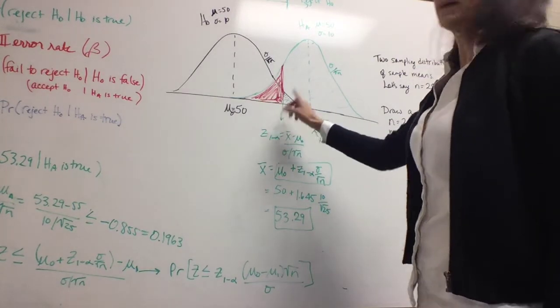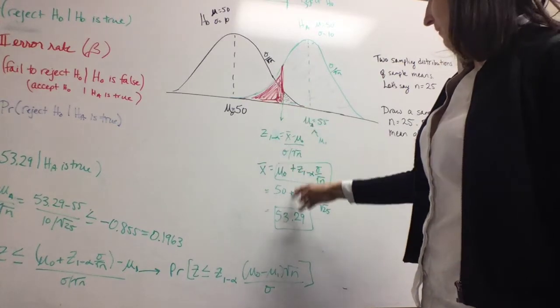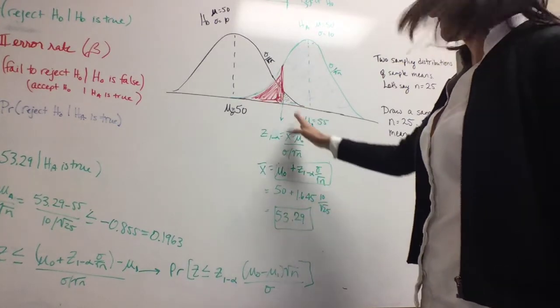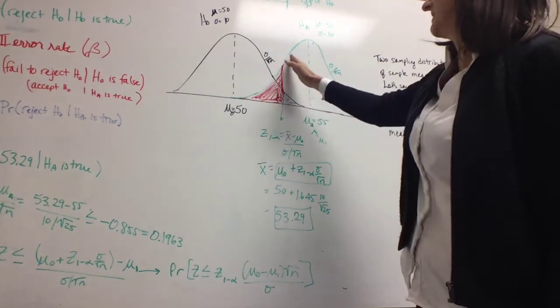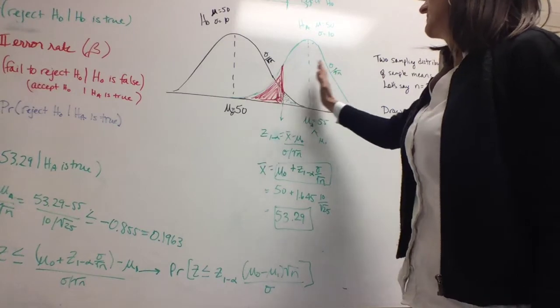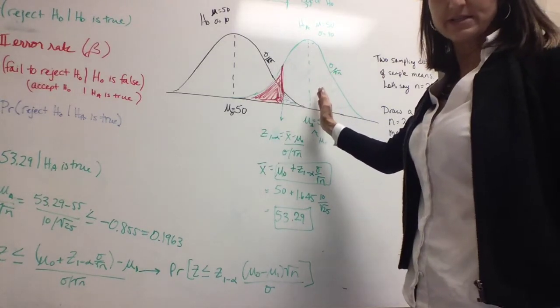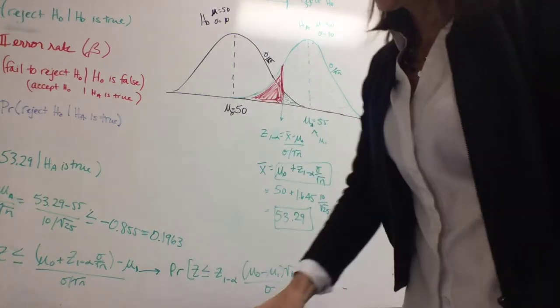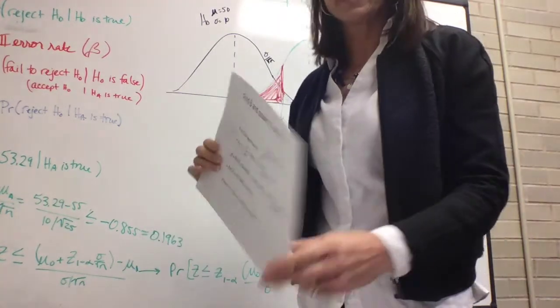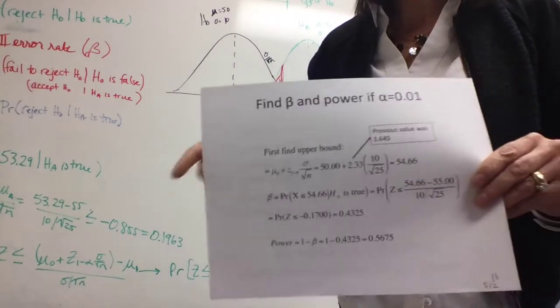If we decrease alpha, say we set it at 0.01, our upper bound would shift. It'd be greater than 53.29. It'd be here someplace, right? You can automatically see then that this area is going to decrease. So if we decrease alpha, the power is going to decrease as well. And in your notes, I've asked you to find beta and the power for alpha equals 0.01.